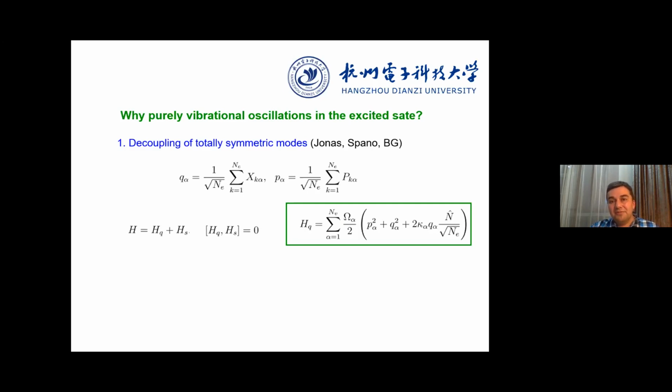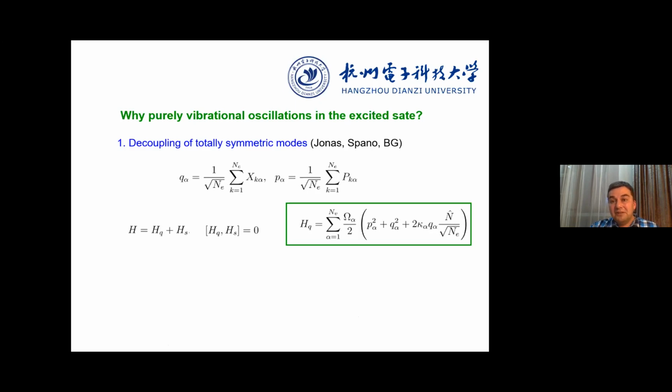One reason is that if we consider the molecular aggregates consisting of, let's say, n chromophores, then you can introduce the totally symmetric mode, which is a sum of all vibrational modes of the chromophores divided by the square root of the number of chromophores, and the same for momentum. And if you do simple math, you will see that this Hamiltonian, which corresponds to the totally symmetric mode, just decouples from the exciton-vibrational dynamics.